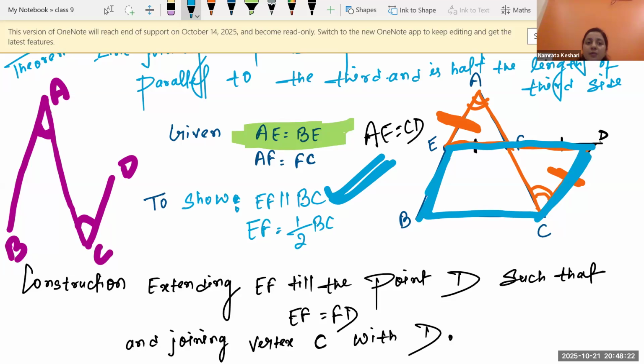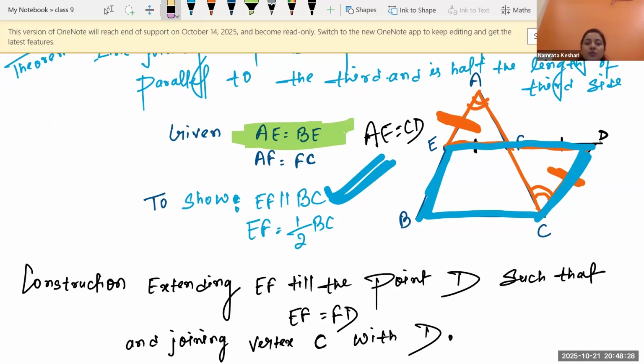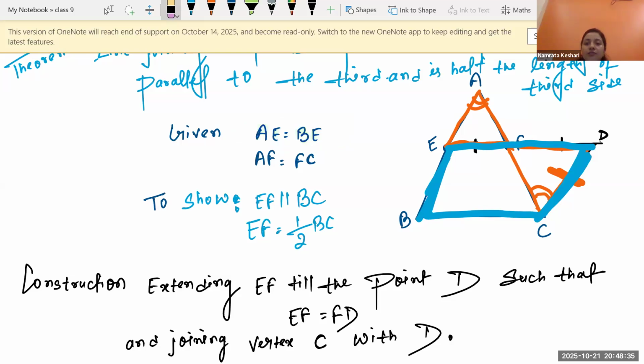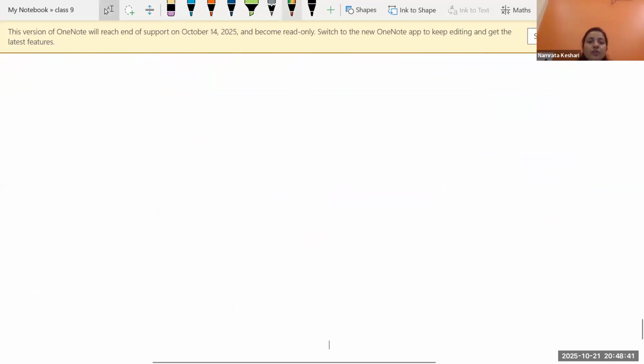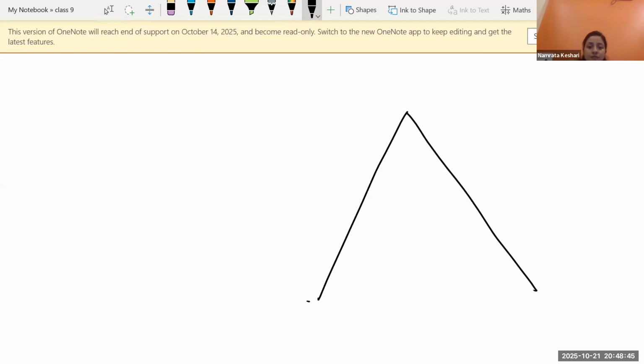Okay, let me summarize everything because so many things I told you in one go. Don't note down anything for now. Try understanding why we are going to use this approach. So first of all, a triangle was given where we just know that E and F are the midpoints.